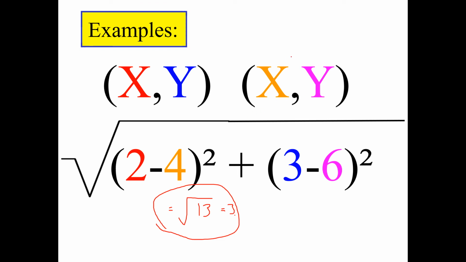All right, so now let's take a look at an example. Just start from scratch. So let's give ourselves two coordinates. So here are our coordinates.